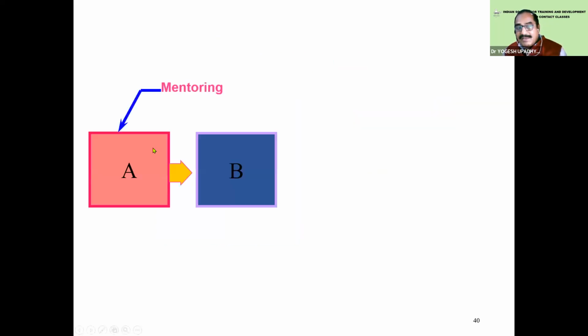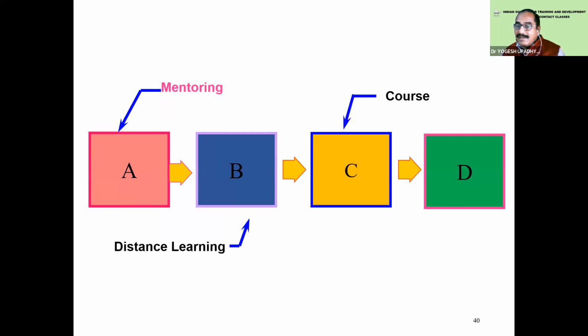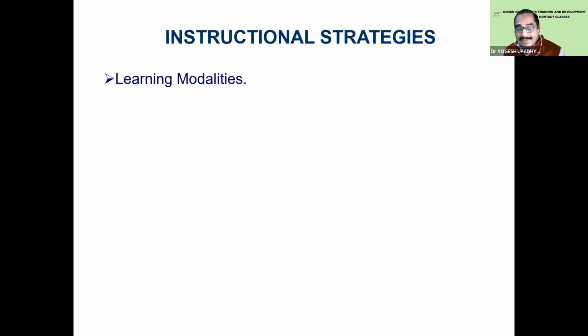Now, mentoring: making the participant ready for the training, you can do mentoring or coaching at the level of the organization, or you can send distance learning material and notes. Then classes are conducted, feedback is taken, and they are also given some tool for transfer of learning. You can give a project or anything else.